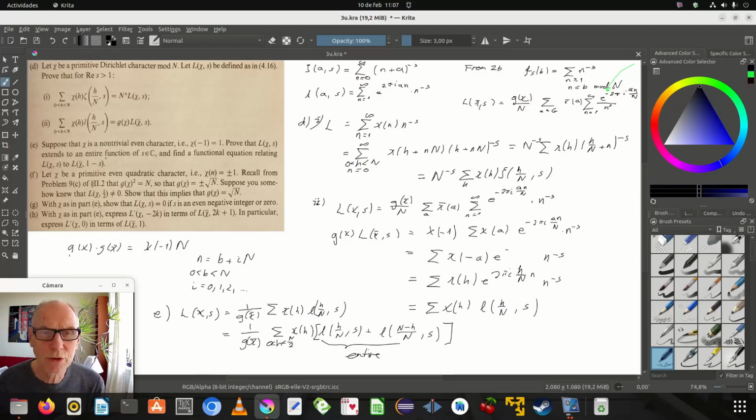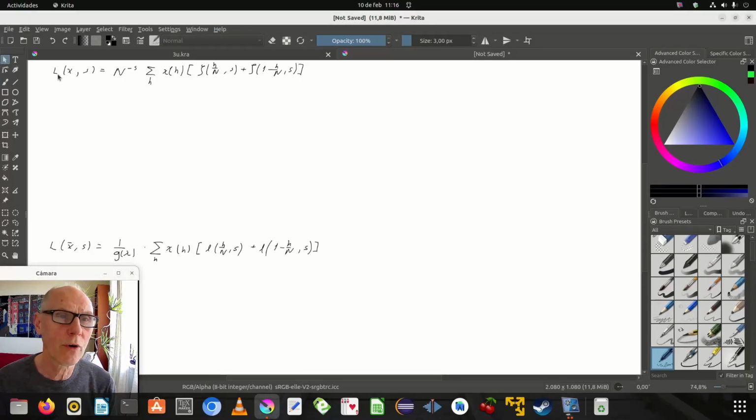That seems like we must use the functional relation of problem part C. I can't do that while recording, so I'll make a new page where I write it, and then I'll record it. I wrote the two formulas for L of chi and L of chi bar and isolated the L's, and then we must use the answer to problem C.